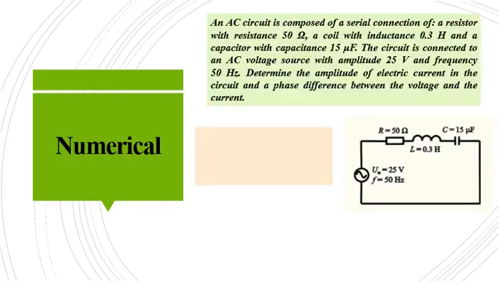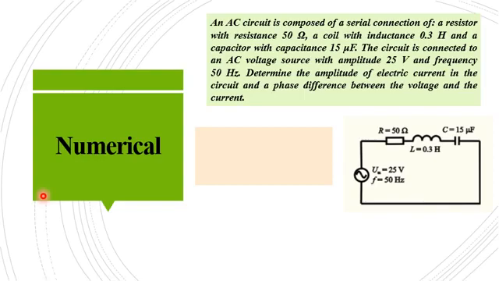Let's start with the numerical section. Please read this question. An AC circuit is composed of a serial connection of a resistor with resistance 50 ohm, a coil with inductance 0.3 Henry, and a capacitor with capacitance 15 microfarad.